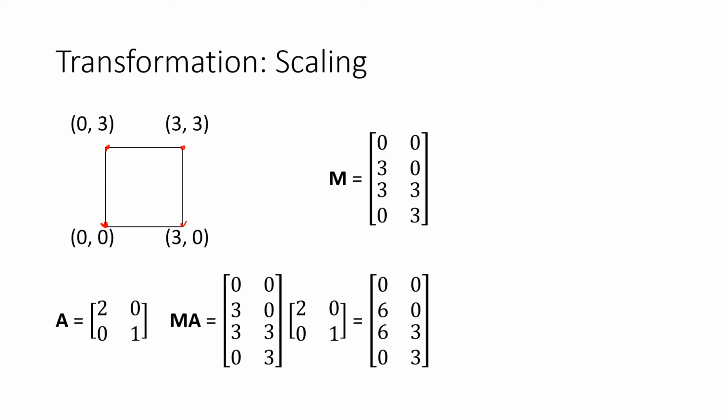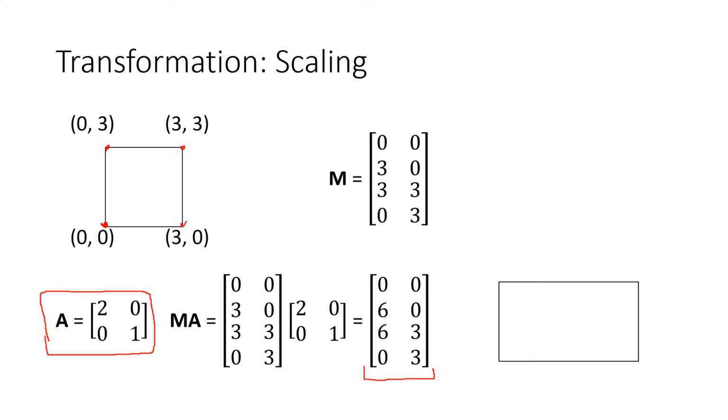So if we have a matrix, say A, it's 2, 0, 0, 1, and we multiply M by A, then we end up with another 4 by 2 matrix that corresponds to a transformation of each of those vertex points, the corners of the square.